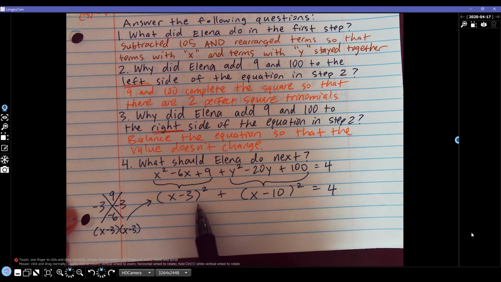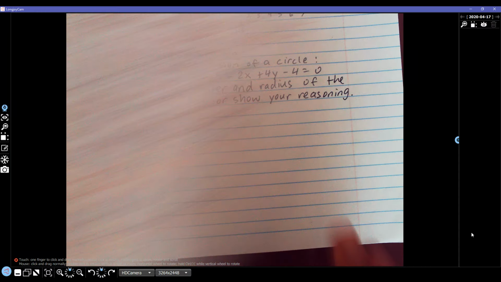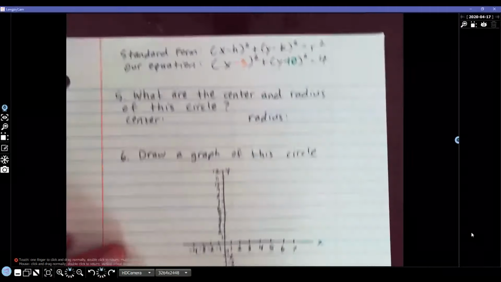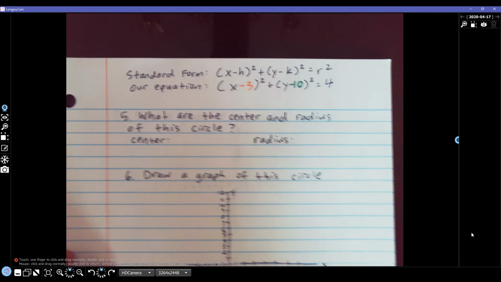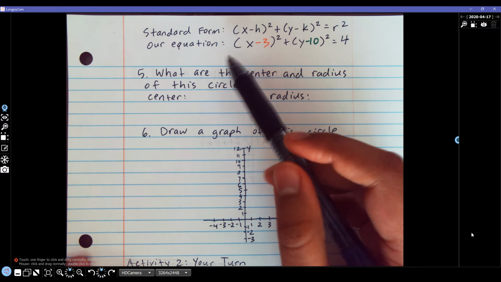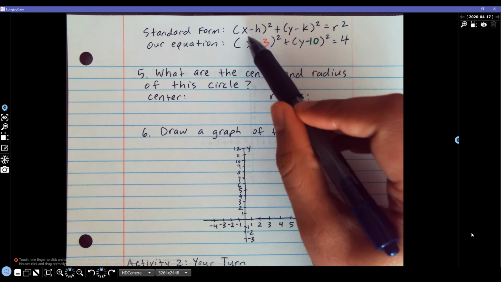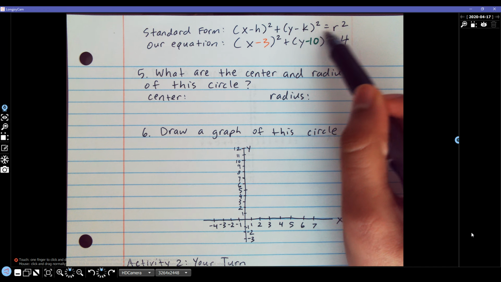Let's go to number 5 now. So in number 4, we had written down our standard form equation. So I have that up here. And if you recall, the standard form is x minus h squared plus y minus k squared is equal to r squared.